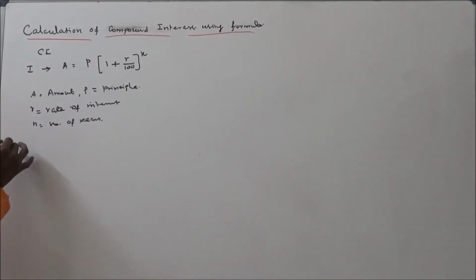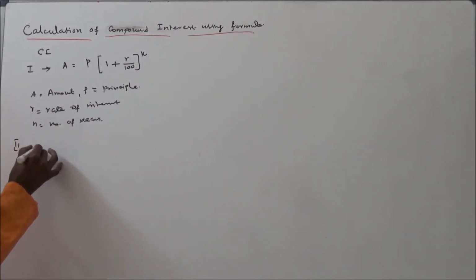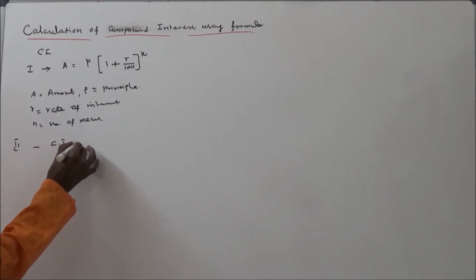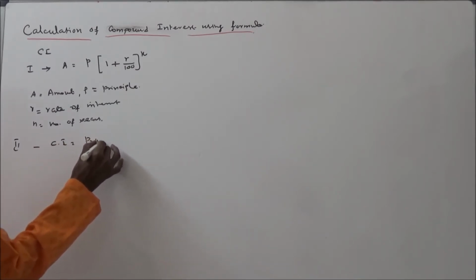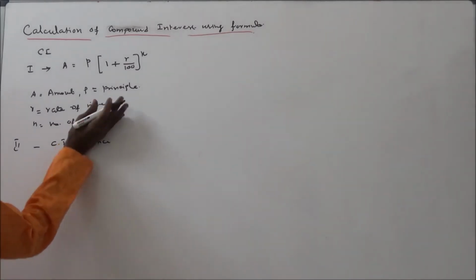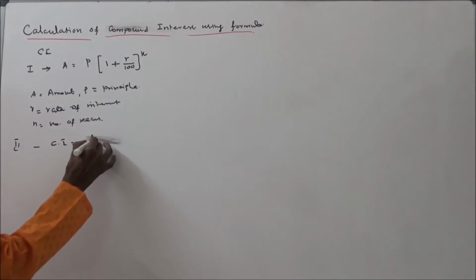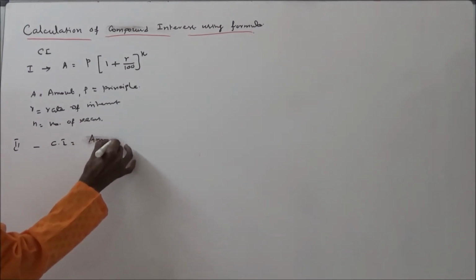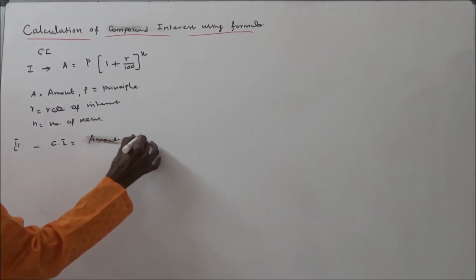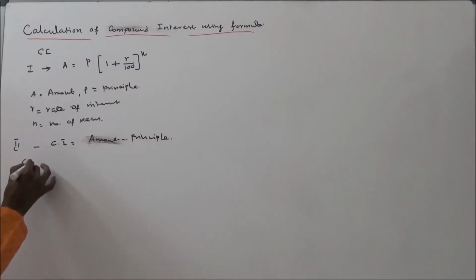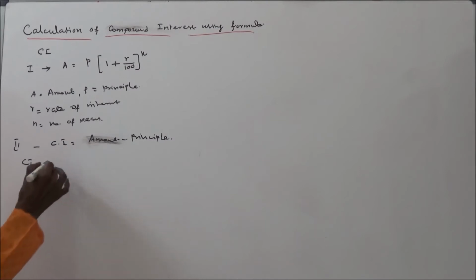The second formula is: compound interest is equal to amount minus principal. Okay, so what is the amount?